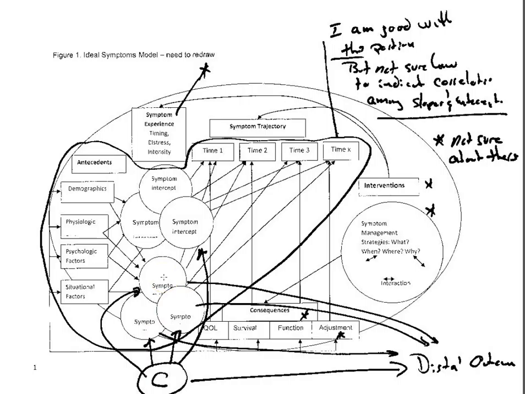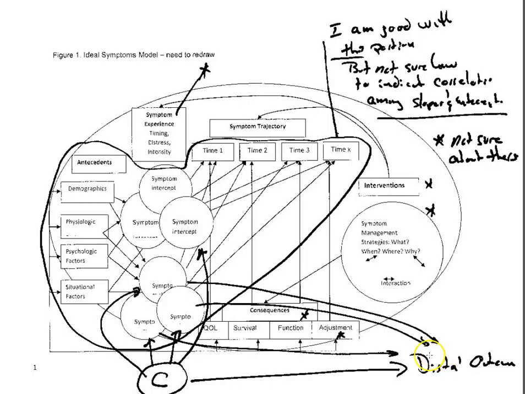A second thing would be that these symptoms could individually predict distal outcomes. You may have an outcome that could be really wide-ranging. It could be relapse. It could be a survival analysis, actually.